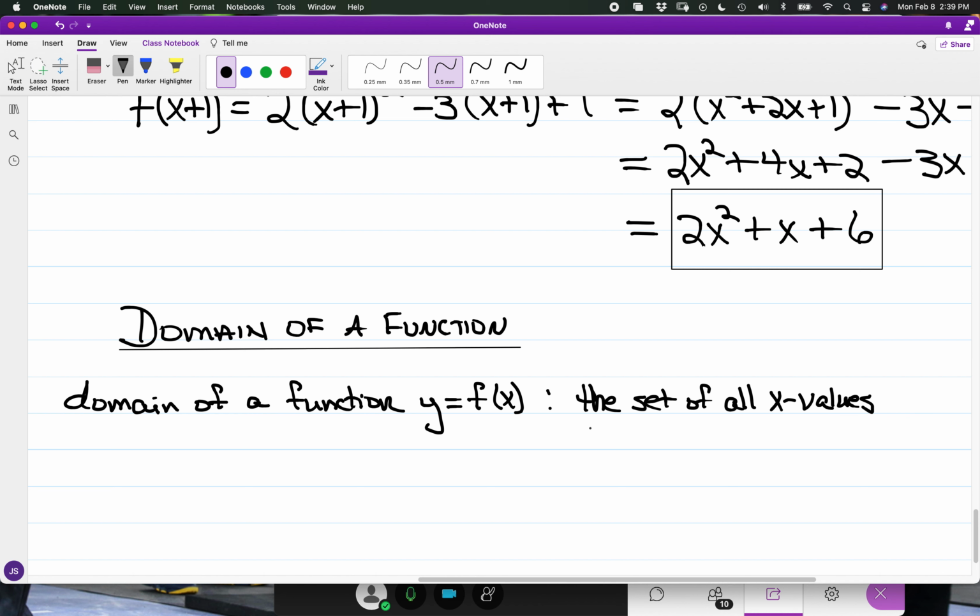We do know that the domain is going to be the x values, but just to expand the model, this is going to be the set of all x values such that f of x is defined in the set of real numbers, all real numbers.